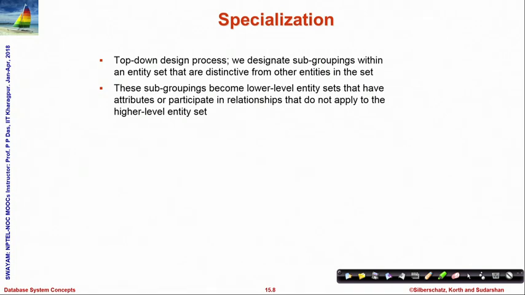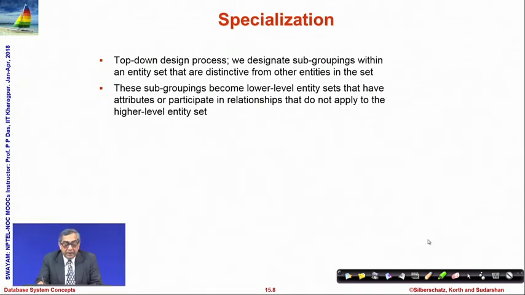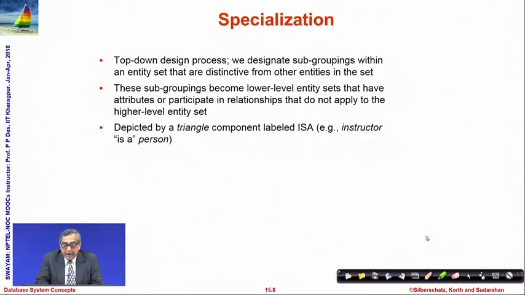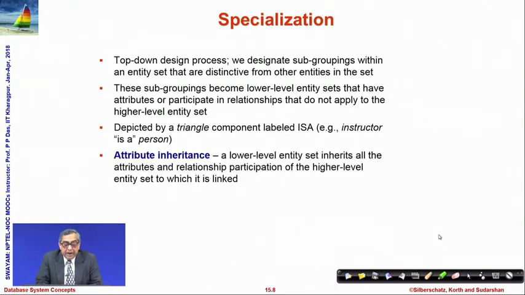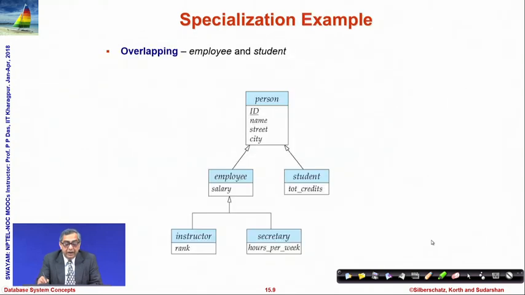So, these subgroups form lower level entity sets, and as I said it is designated in a certain way, and as in the object oriented system, the lower level entity set inherits all the attributes and relationships of participation of the higher level entity set.